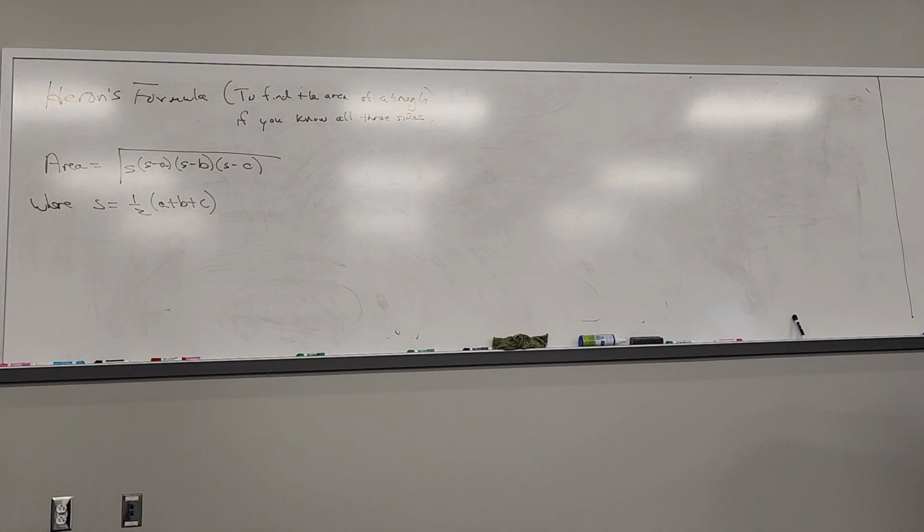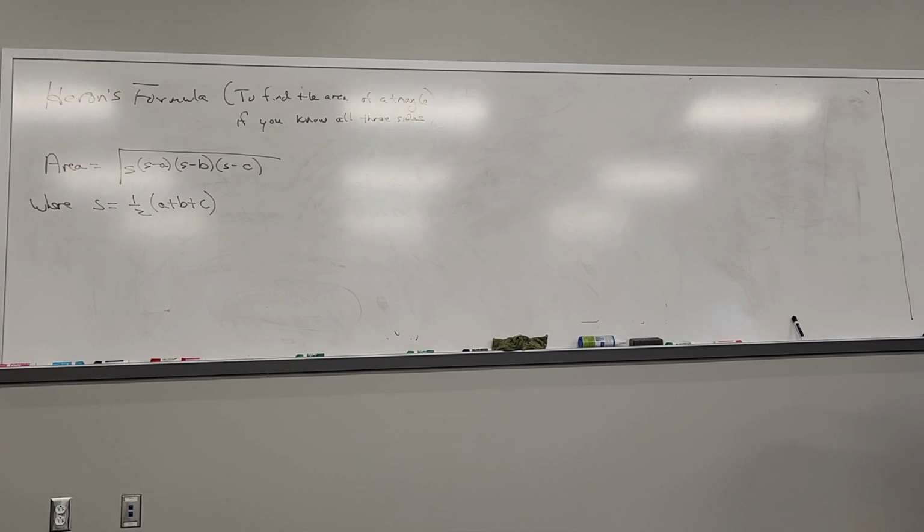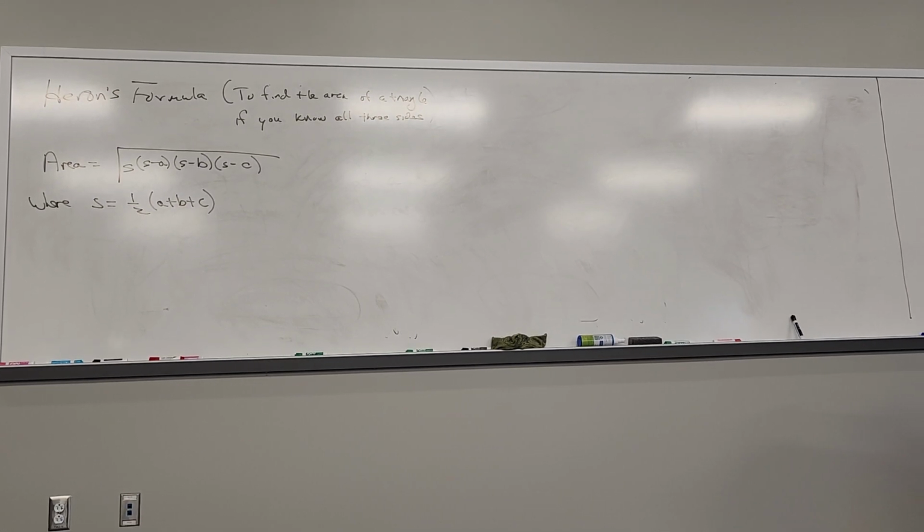That formula will find the area of a triangle if you know the length of all three sides. You're going to calculate S from the lengths of all three sides. So let's do one of these real fast.